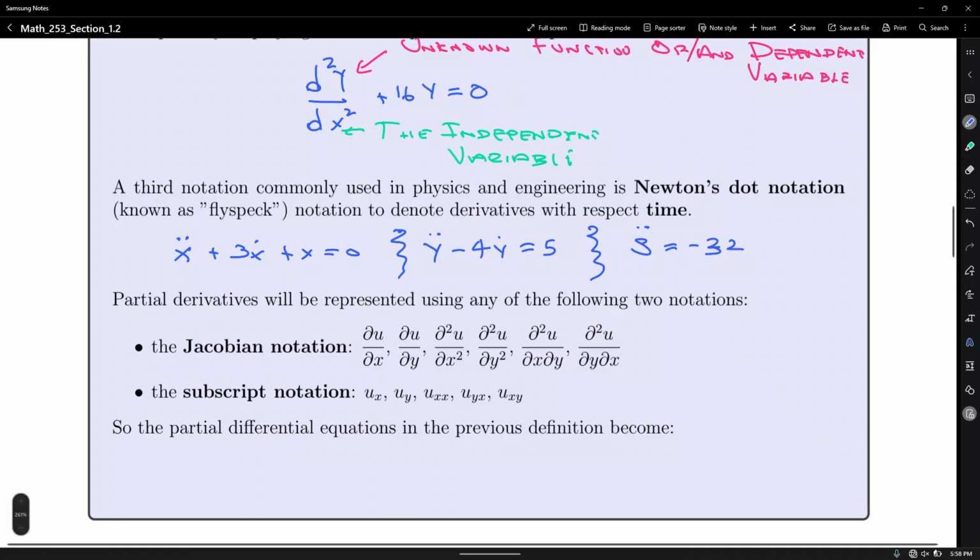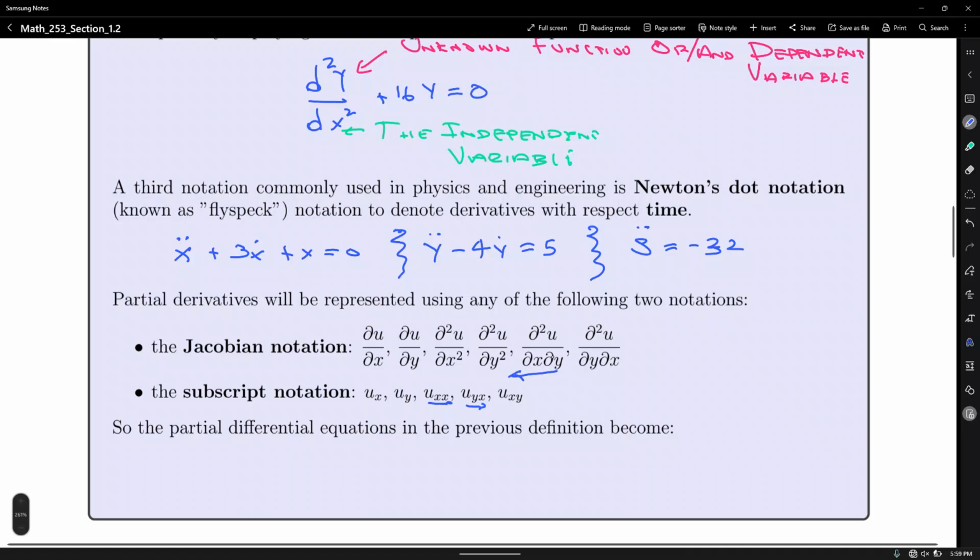But be careful, because when it comes to twice with respect to x, it's fine. No problem. However, when it comes to the subscript notation, here what do we have? u with respect to y, then with respect to x, we're going in this direction. On the Jacobian notation, that's the reverse. Here, it's the notation like this, okay?